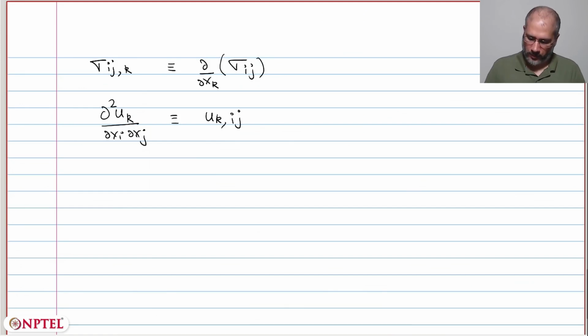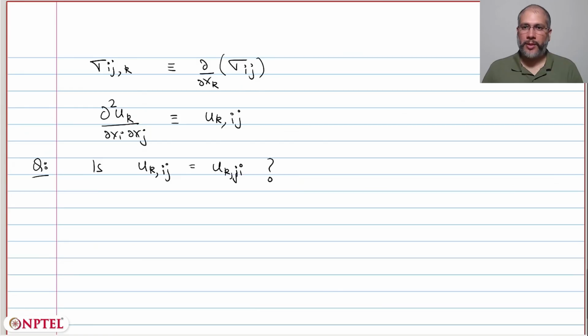So let us ask ourselves a question. That is, the quantity we just talked about, uk comma ij, is it the same as uk comma ji? And the answer is yes, but under certain conditions.